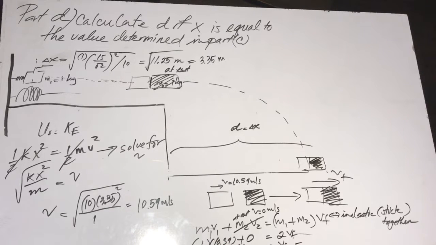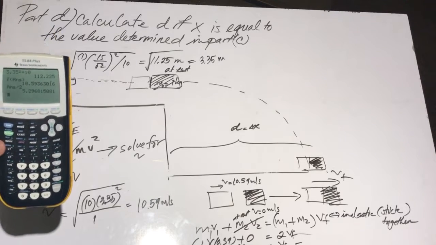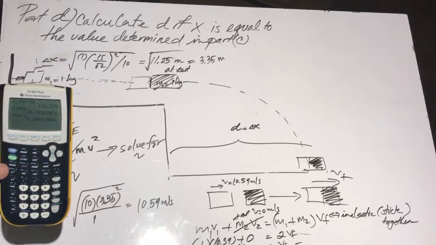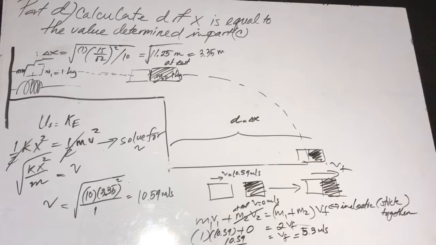So the vf is equal to this, 5.3 meters per second. That's what you will get.